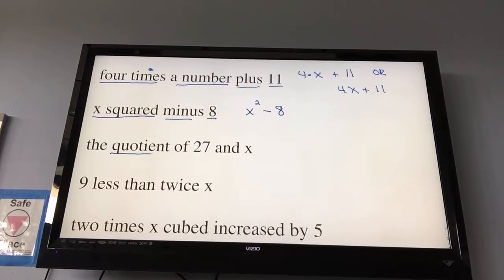The quotient, probably the most missed question, the quotient. Quotient means division. The quotient of 27 and x, 27 over x. Or, as I said previously, for right now, it's okay if you have it written with a division symbol.